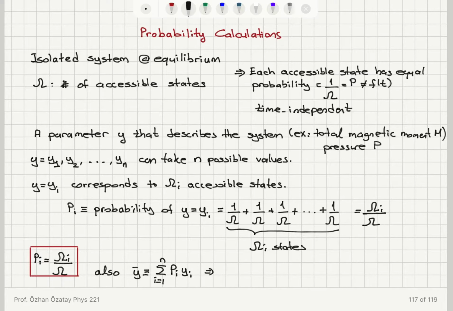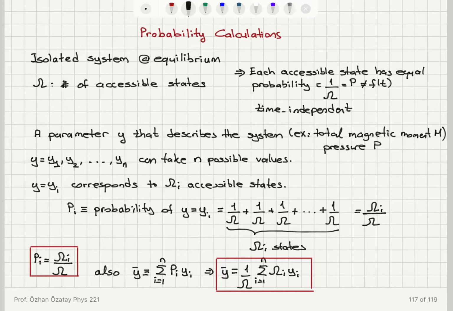This will give me the mean value of y as 1 over omega, the number of accessible states of the system, sum from I equals 1 to n of omega sub I times y sub I. So I have to multiply the possible values of y with their corresponding number of accessible states, add them up and divide by the total number of accessible states.